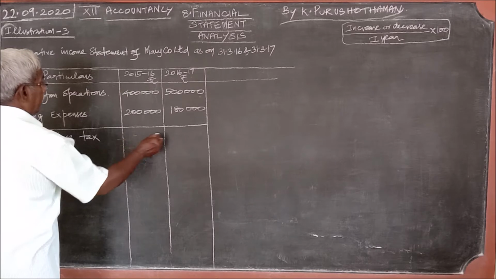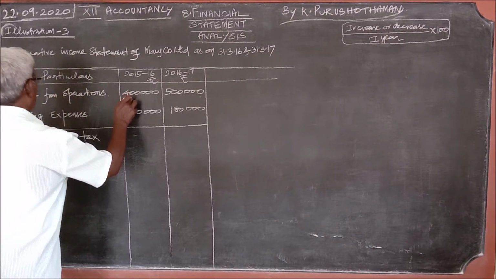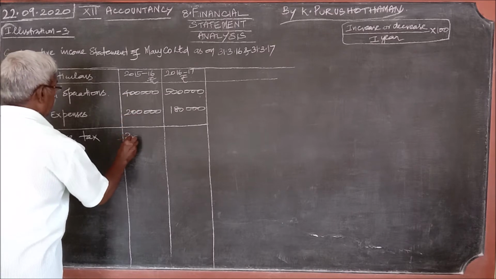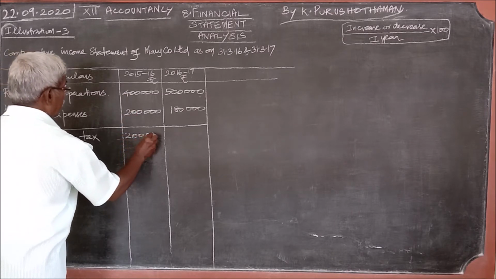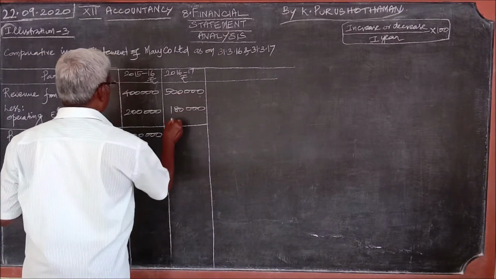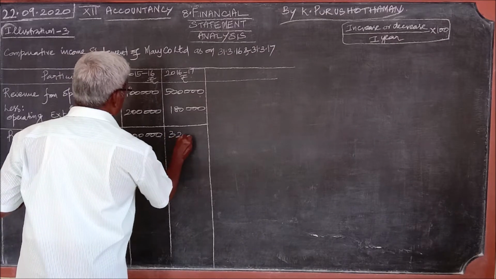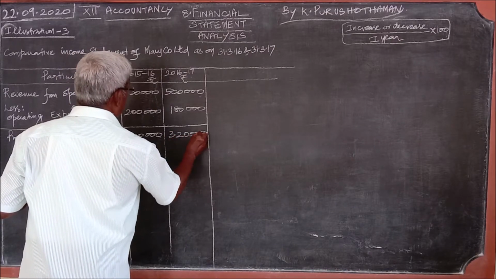This is 4 lakhs, expenses 2 lakhs, 2 lakhs is the profit. Here, revenue, that is income 5 lakhs, expenses 1,80,000, therefore 3,20,000 is the profit.